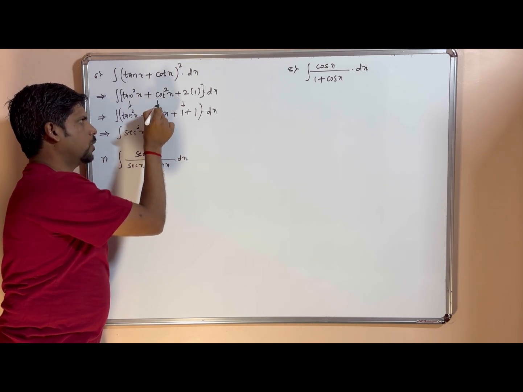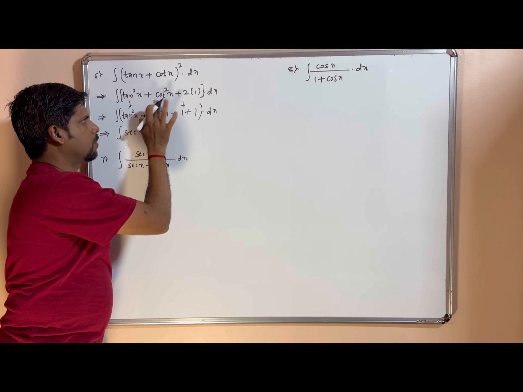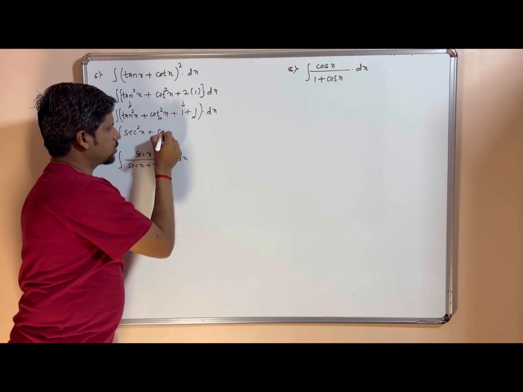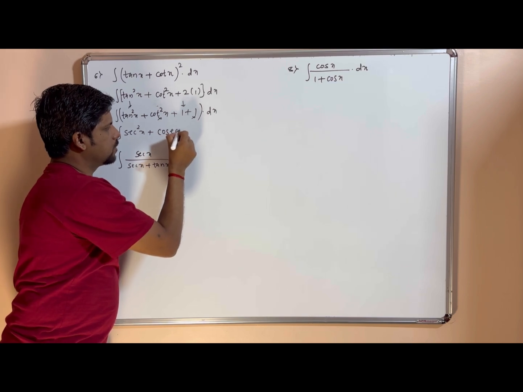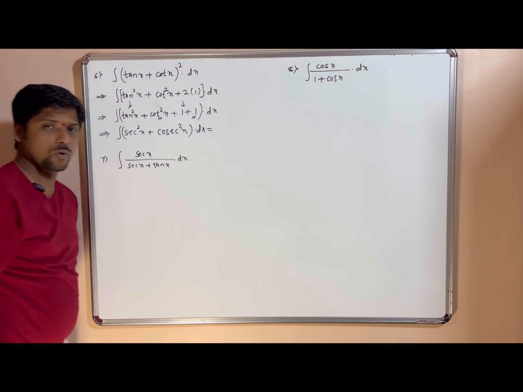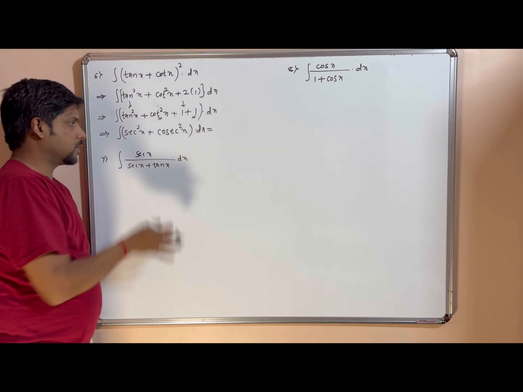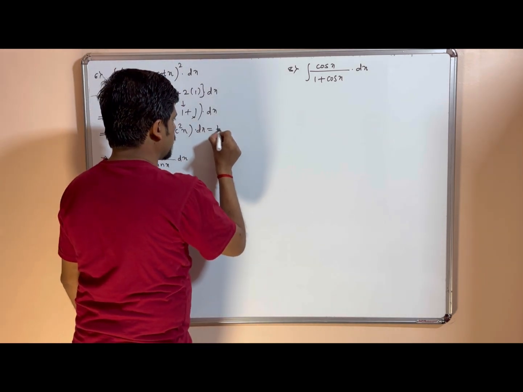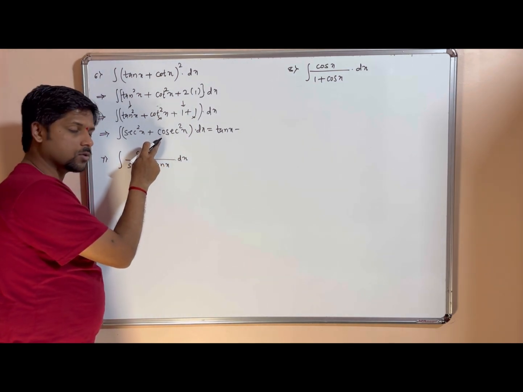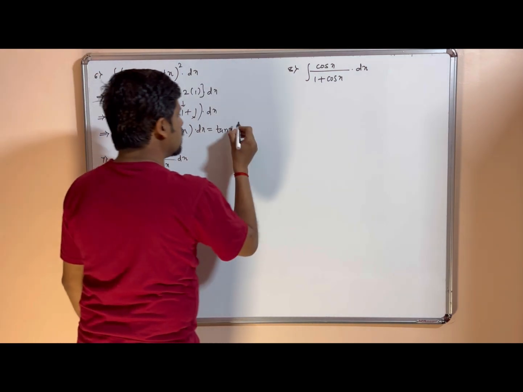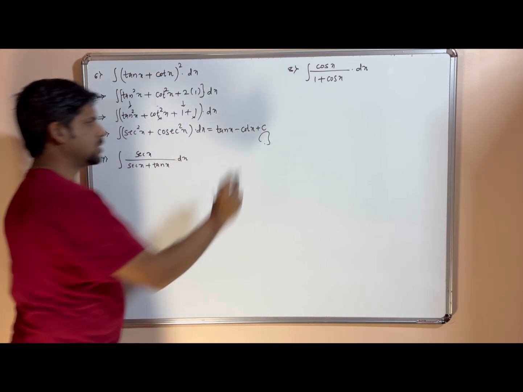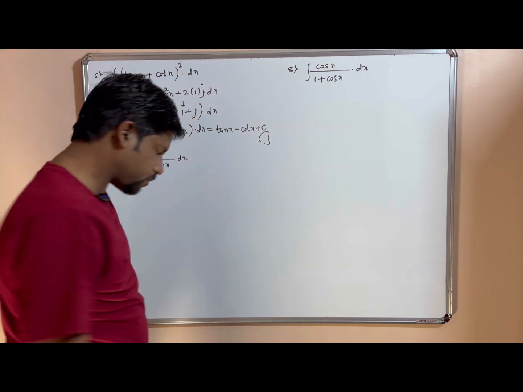Plus cot square x plus 1 is cosec square x. Trigonometric identities, sec square x plus cosec square x into dx. In the previous example we have solved it: sec square x integration is tan x, minus, since cosec square x integration is negative, minus cot x plus c, which is the required solution, right?